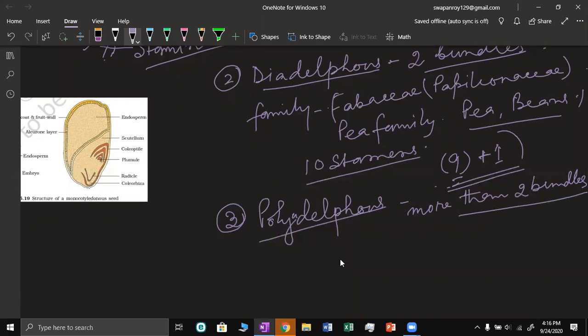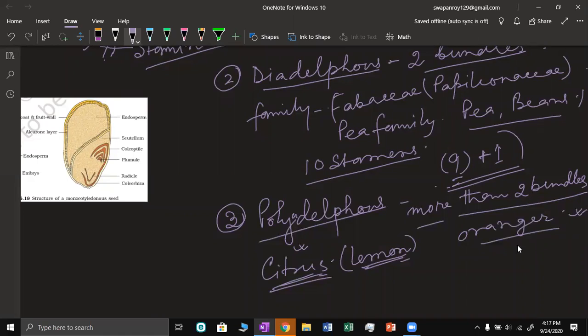When more than two bundles, this is found in the case of citrus fruit. Citrus, that is the lemon, and so we get it in this family, that citrus fruit, all the oranges, orange and any other type of lemon.